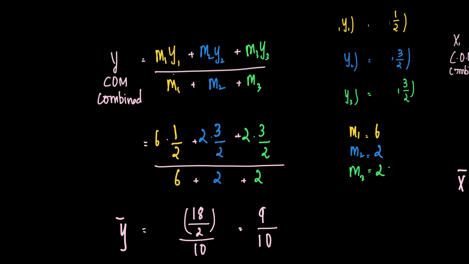So m1 into y1, 6 into 1 by 2, m2 into y2, 2 into 3 by 2, m3 into y3, which is 2 into 3 by 2 again. So we have 3 plus 3 plus 3, which is 9, and y bar is equal to 9 by 10.